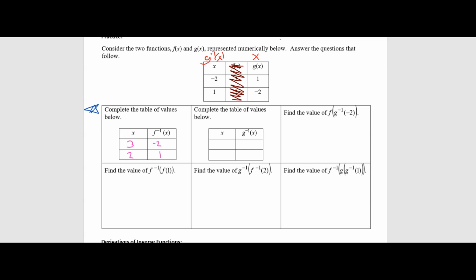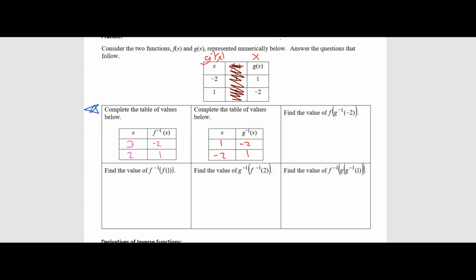So again, this gives me a new domain and range for my inverse. So I get 1 and -2, and then my g inverse of x values become -2 and 1. So sometimes it helps me to just relabel the columns with my new domain and range when I'm talking about the inverse of a function that's given.